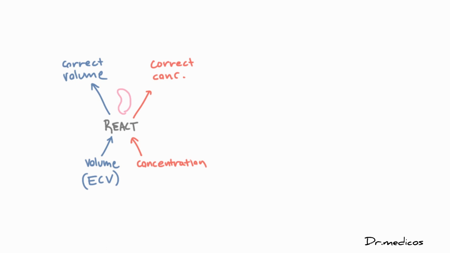Those reactions include metabolic reactions, reactions to make protein, reactions to make DNA. And what matters for reactions is not how much volume you have, but what concentration of stuff you have. So if you're a chemist in a chemistry lab, it doesn't matter how big your flask is. It doesn't matter if you have a big one or a little one. What matters is that the concentration of stuff in the flask is at the appropriate level. So that's a kind of argument for why concentration is more important.